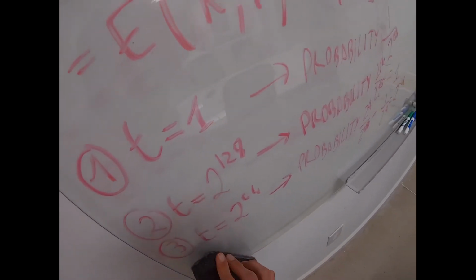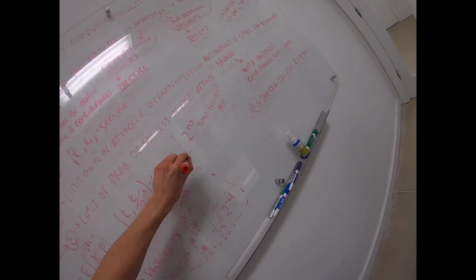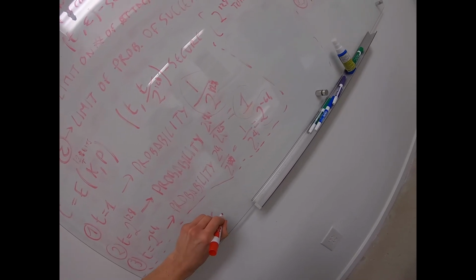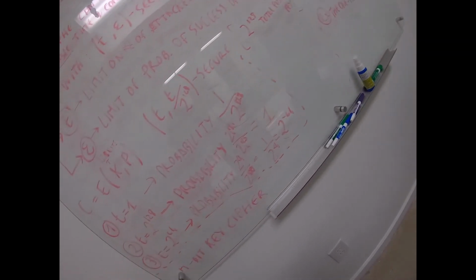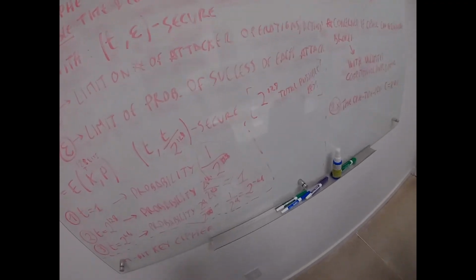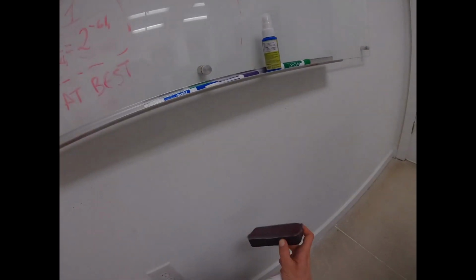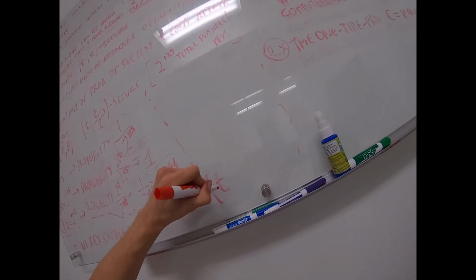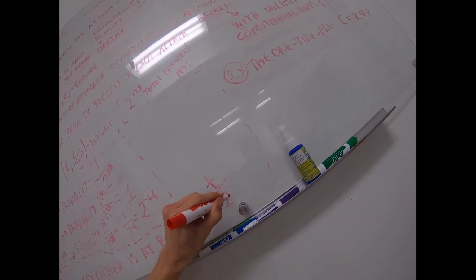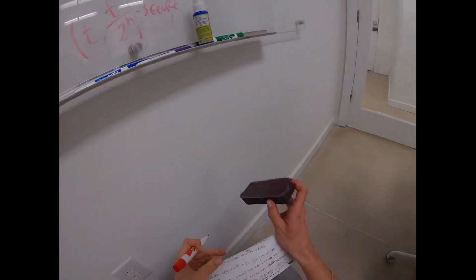So an n-bit key cipher, which was 128 in our example, is at best T over 2 to the n secure. Okay?